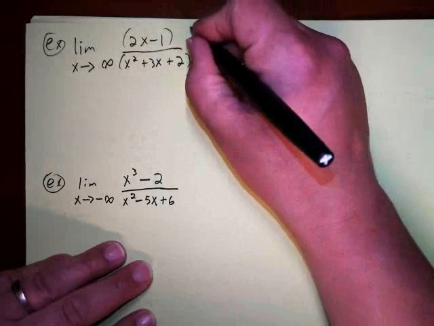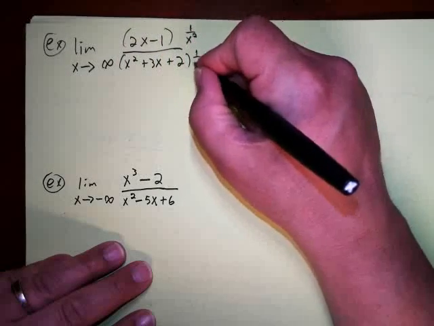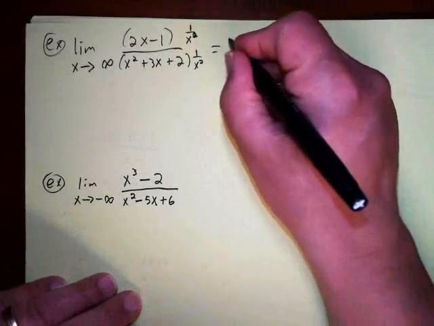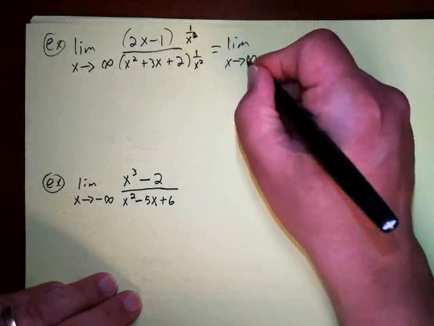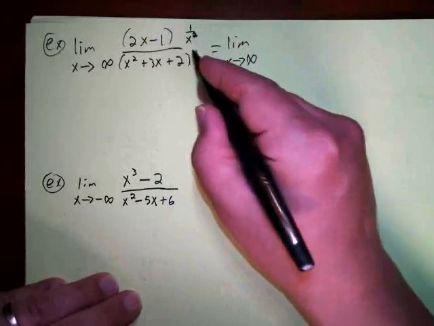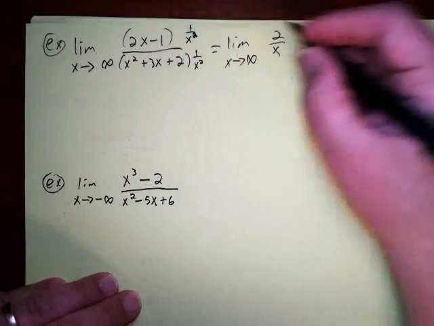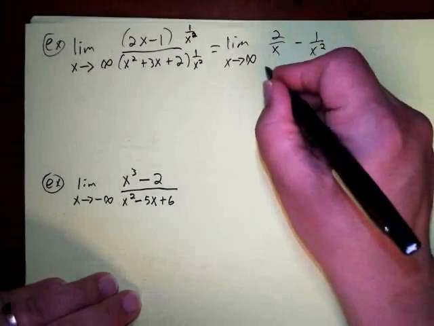So I'm going to multiply the top and bottom by 1 over x squared. And so let's see what happens when I do this. So the limit as x goes to infinity here. If I distribute 1 over x squared, one of the x's cancels out, and I'm left with 2 over x. And then this would just be minus 1 over x squared.